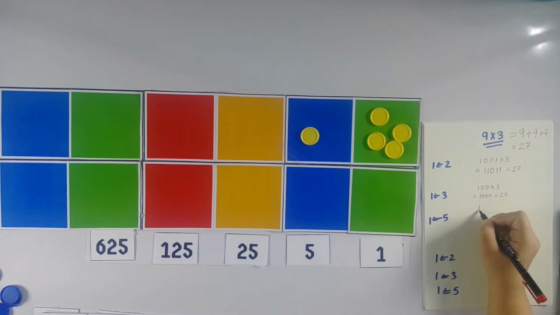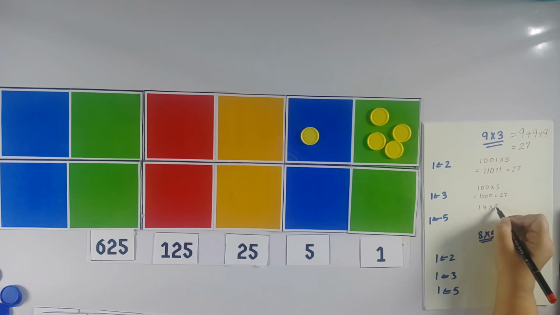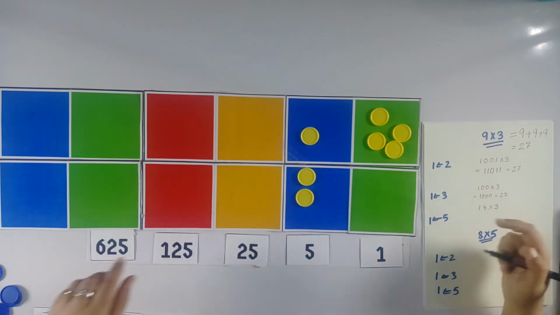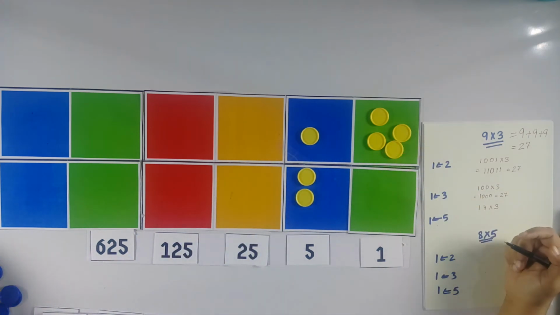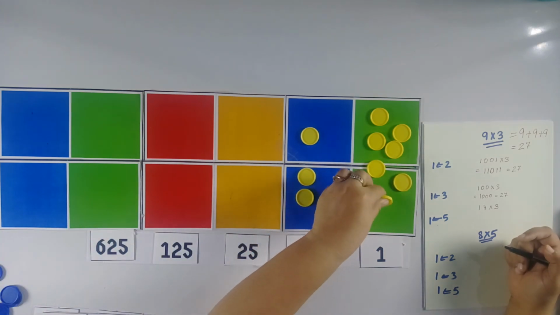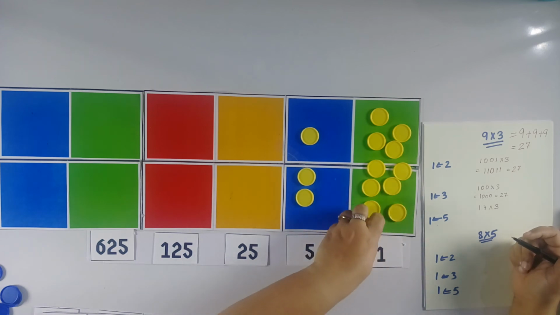That means the code is 1 4 for 9. I need to multiply this 3 times. So what do I need to do? I need to keep 1 here. I need to triple it. I need to triple these 4 dots as well. So I'll keep these 4 dots here, and this is twice, and I need to have 4 dots again.